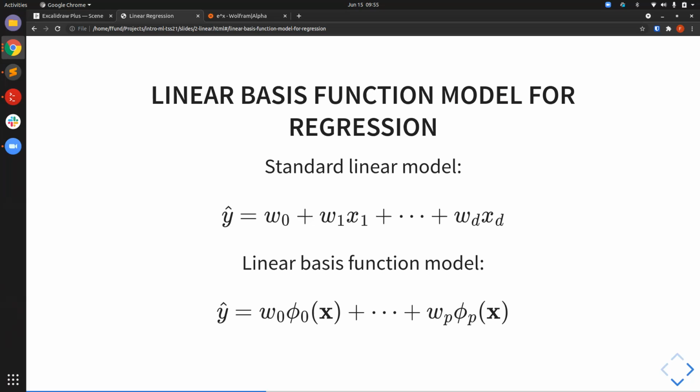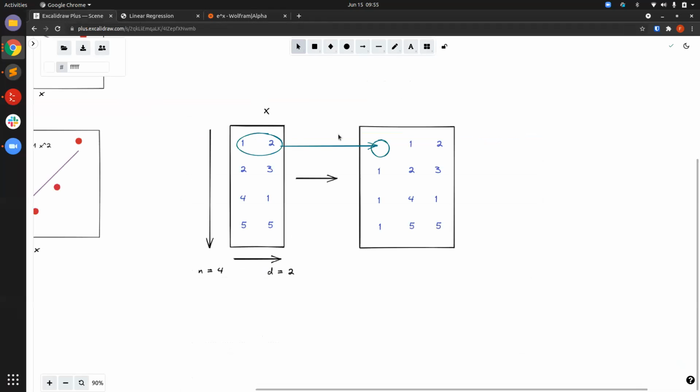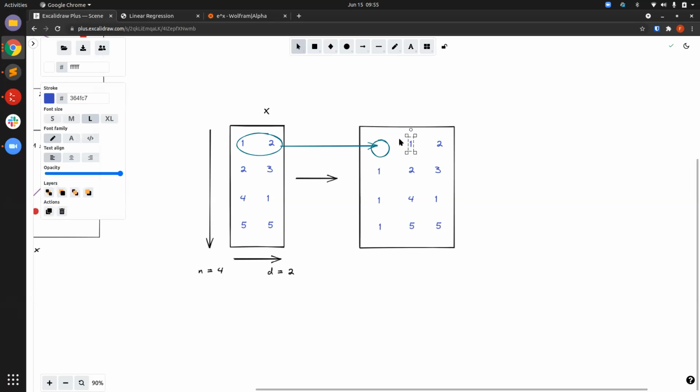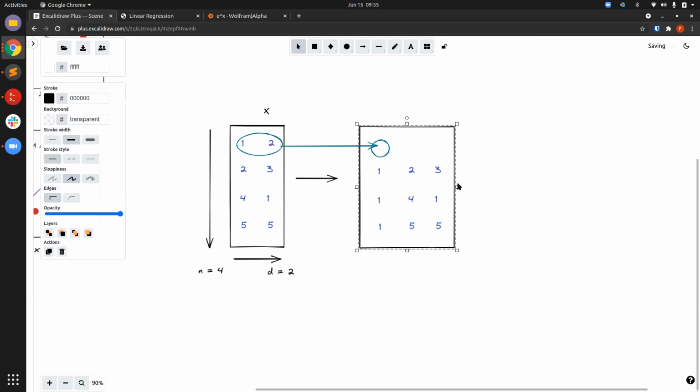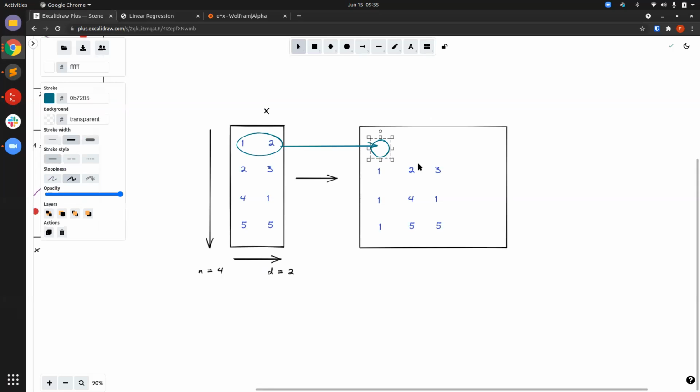Now let's note a few things about this. First of all, there is not necessarily a one-to-one correspondence between the columns of X and the columns of the new design matrix. So you can have as many columns as you want.